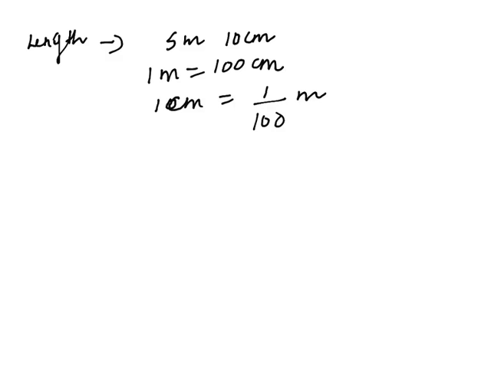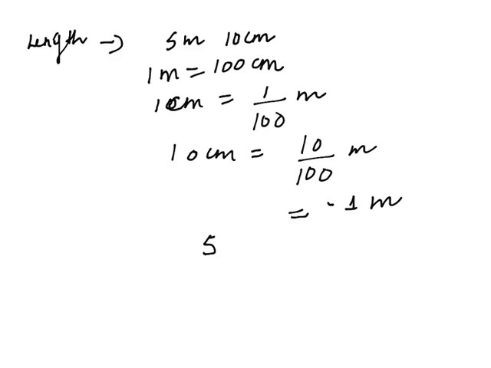Now we will convert that 10 centimeter to meter. We can write it as 10 by 100 meter, or 0.1 meter. So 5 meter and 10 centimeter we can write as 5.1 meter.